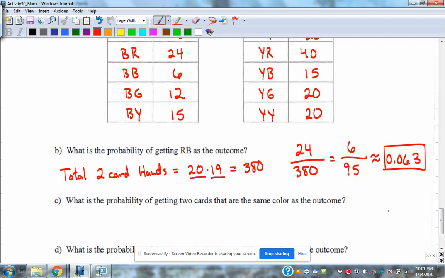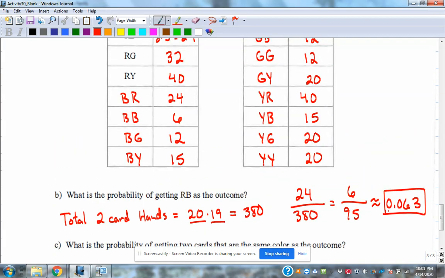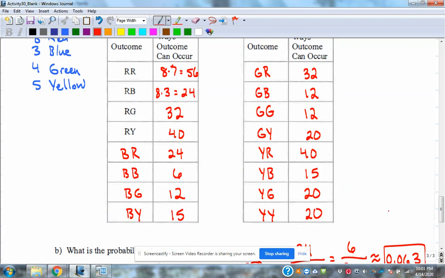What's the probability of getting 2 cards that are the same color as an outcome? Okay, so two cards the same color. So that could be red, red. It could be blue, blue. Could be green, green, or yellow, yellow. So we've got 4 different things that happen. So we have red, reds, blue, blues, green, greens, and yellow, yellows. You need to add all those together.